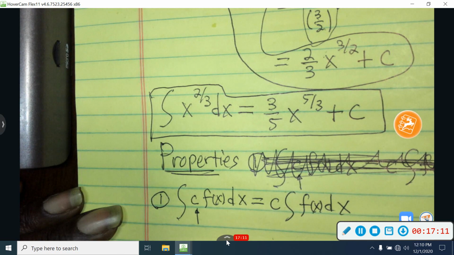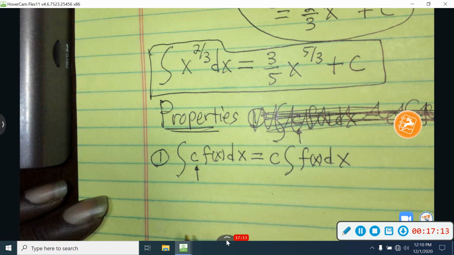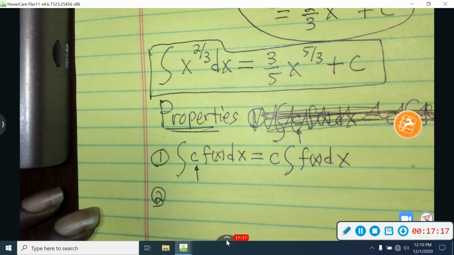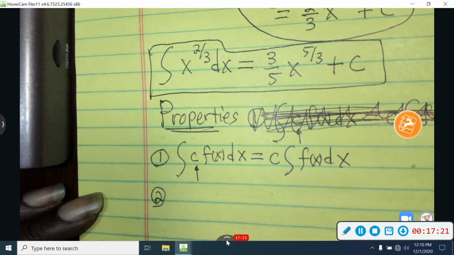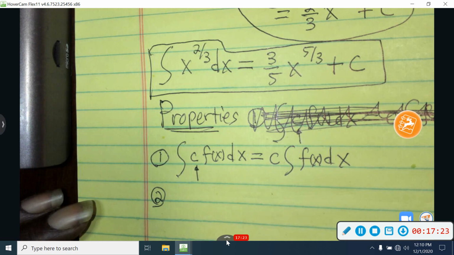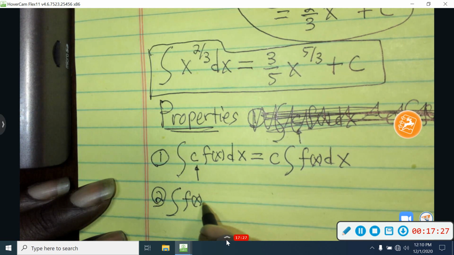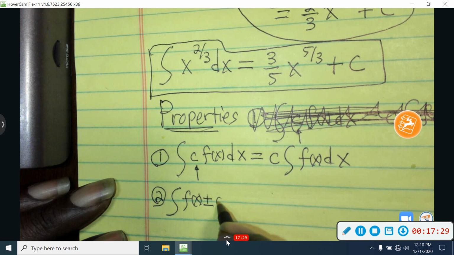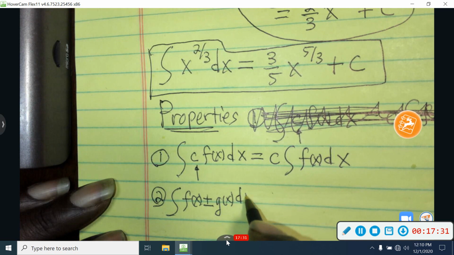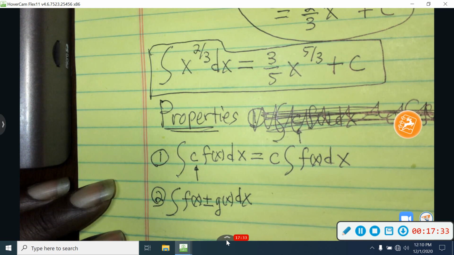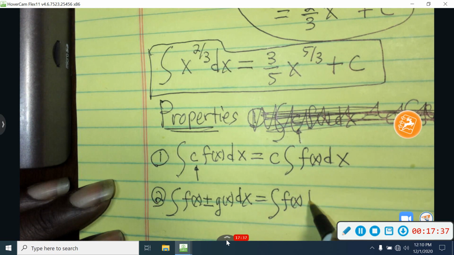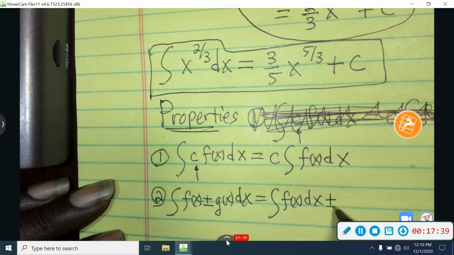There's property 1. Property 2, the derivative goes into sums. So its inverse, the indefinite integral, will too. It's just doing the derivative in reverse. So the indefinite integral of a sum or difference, differences really are sums, but anyway, is the sum or difference of the indefinite integrals.